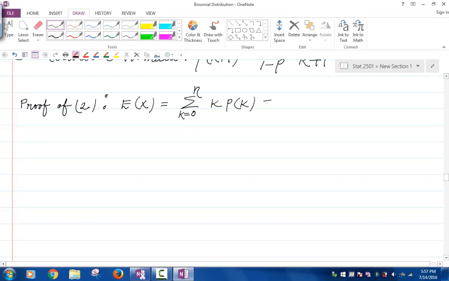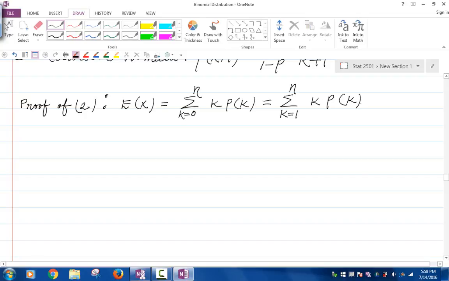Now this is equal to, since when k is 0 we get a zero term, the first term of this sum is 0. So let's get rid of that and start the sum at 1. So k going from 1 to n, k times p of k.